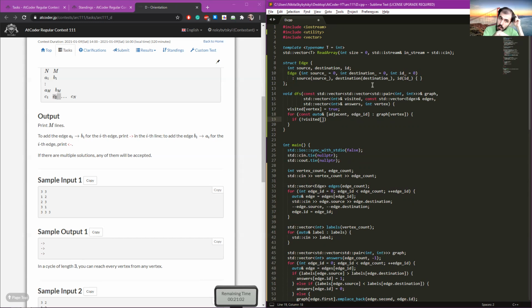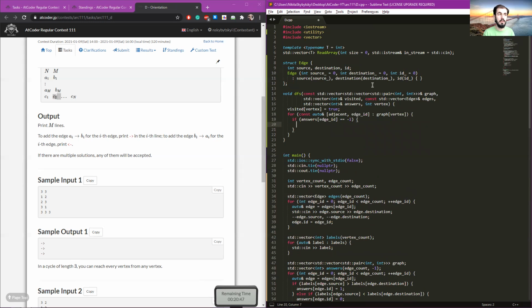We would like to orient this thing anyway. If answers at edge ID equals -1, if edge is not oriented, it will mean that we make some more DFS calls than necessary, but whatever.